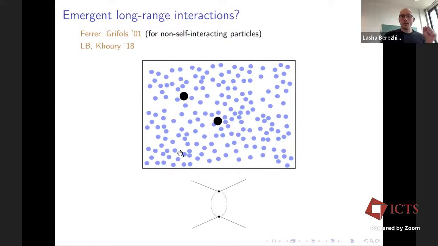So in the regime when you have a gas of these dark matter particles in the disordered phase, just like in a gas form, if you bring two baryonic particles within range, they would never experience long-range interaction. There would be a Yukawa suppression of the effective potential between them.